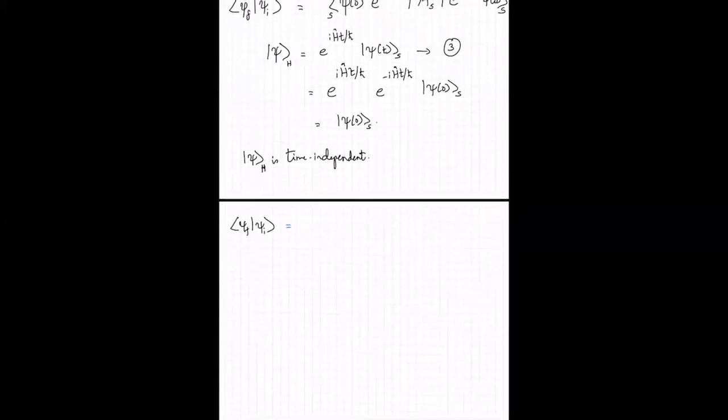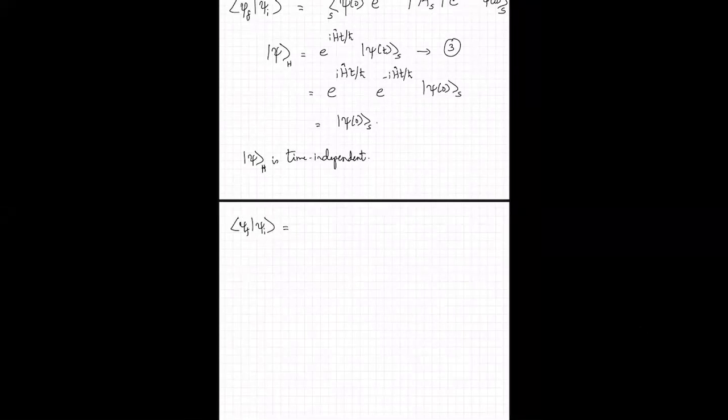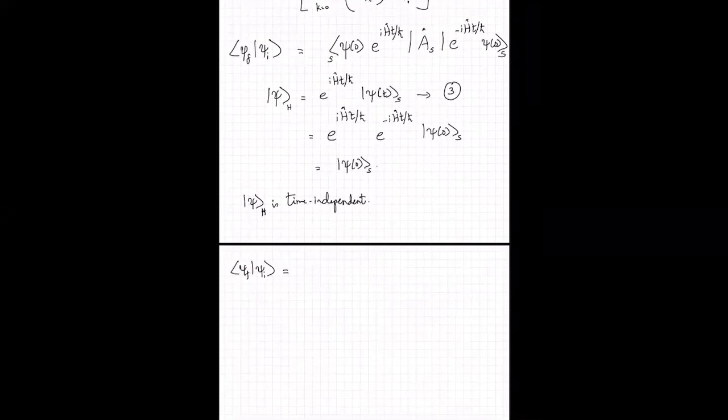So I'm simply going to substitute everything here blindly. What am I going to get? This is equal to, if I simply recognize that psi 0 e to the i H t over h bar is simply my Heisenberg ket multiplied by e to the i H t over h bar. So remember that if you look at this equation, this part is just the Heisenberg ket, and this is some other operator.